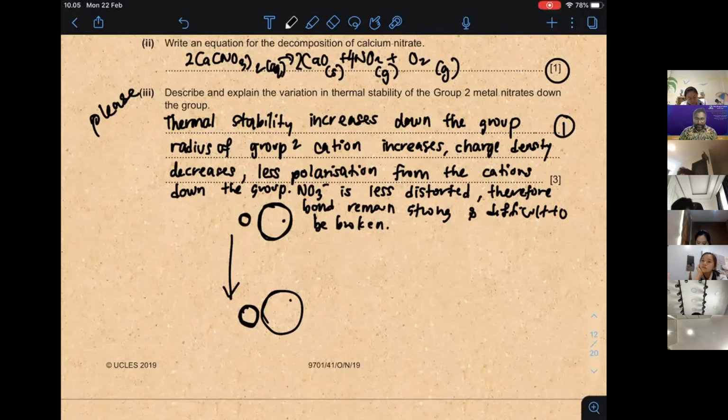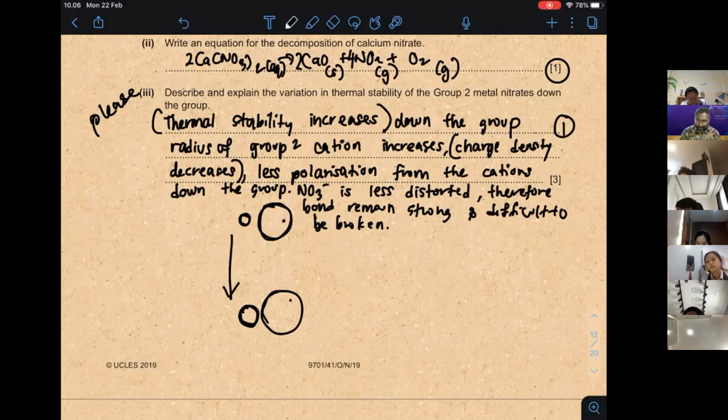So here, what are the things that you must write? Thermal stability increases. You need to mention either radius or charge density. Let's say I focus on charge density. That's one mark. And then you need to mention less polarization or less distorted.